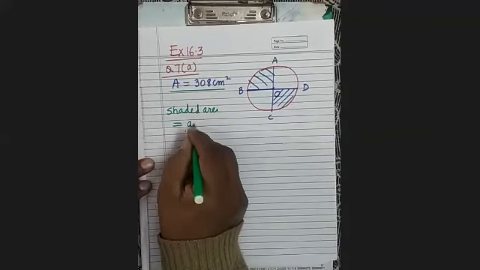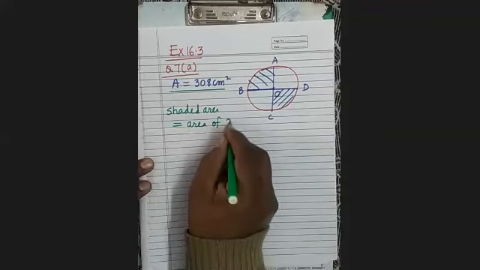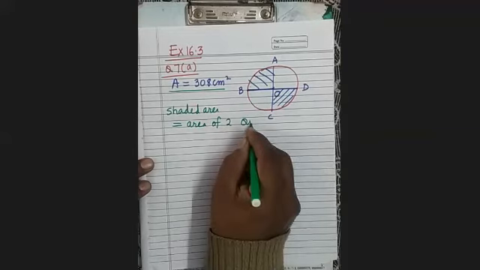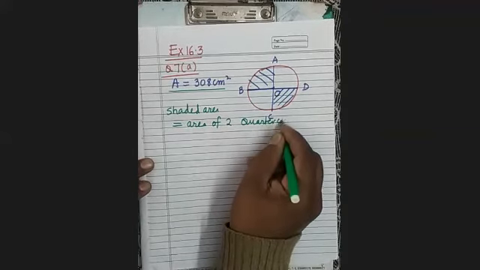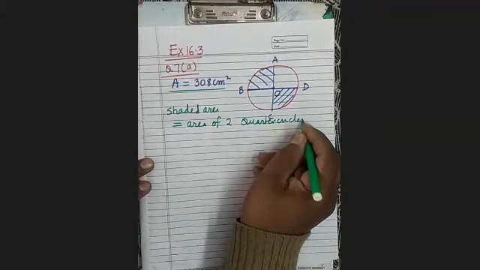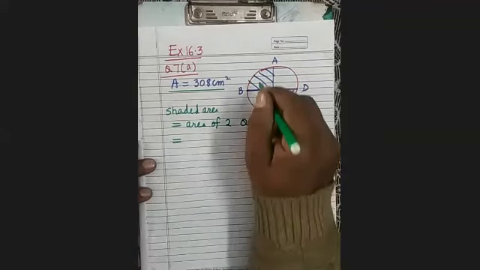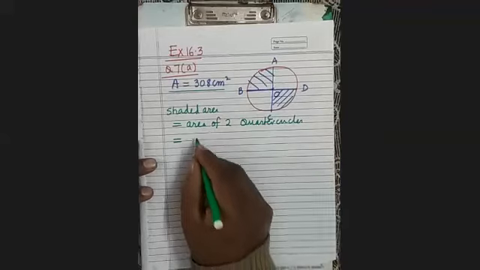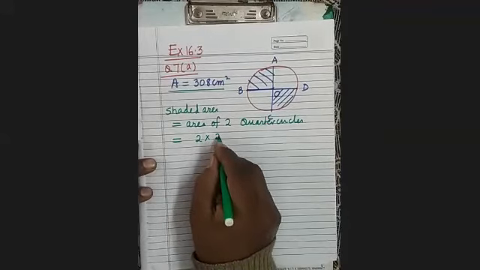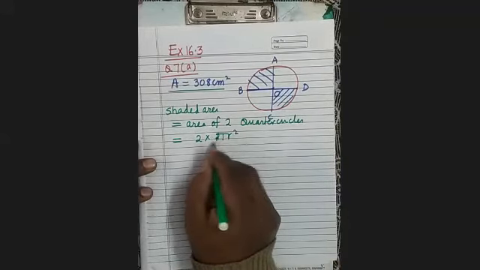area of 2 quarter circles. What is the area of 1 quarter circle? Who can tell? It is pi r square upon 4. The area of one is pi r square upon 4, so the area of 2 is 2 into pi r square upon 4.